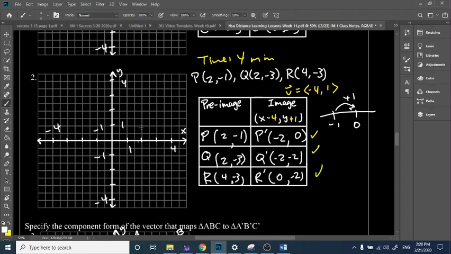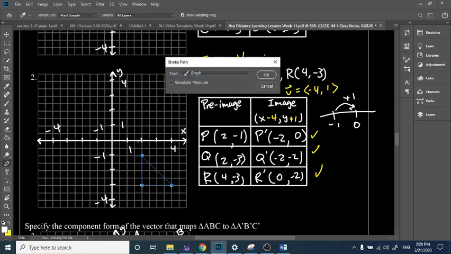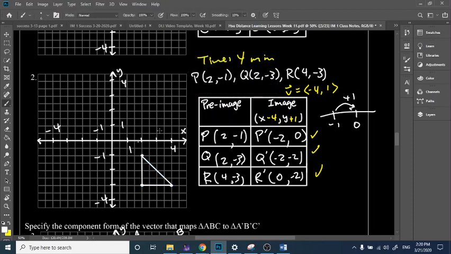Now let's graph. 2, negative 1. 2, negative 3. 4, negative 3. So now let's put that together. And then label. That's P. That's Q. That is R. Okay, now let's get the image.